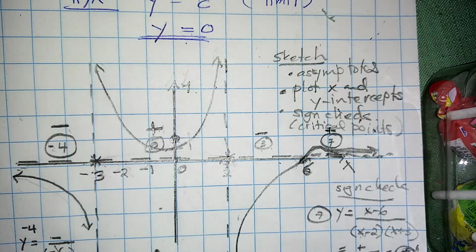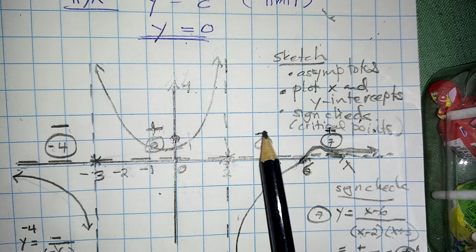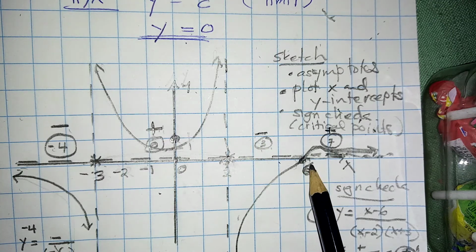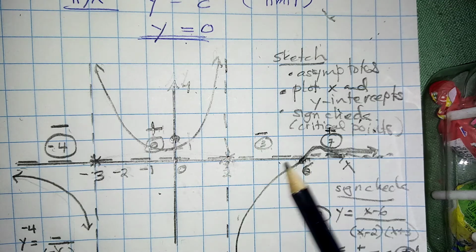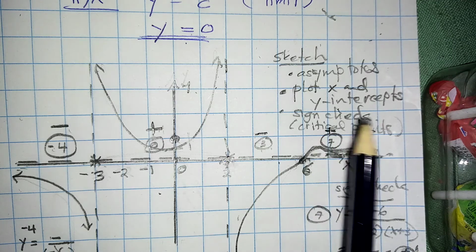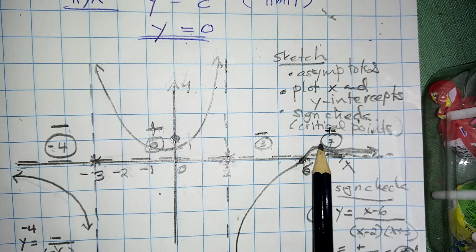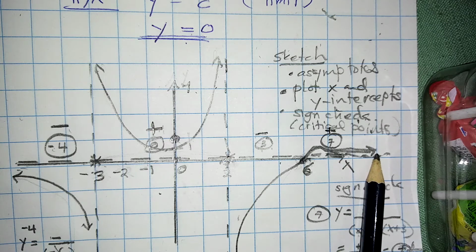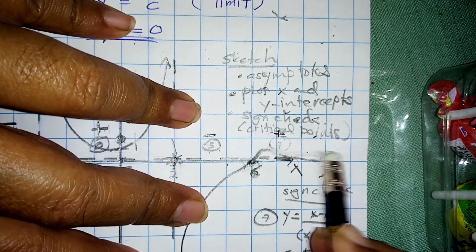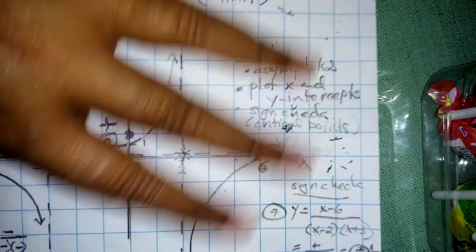From 2 to 6, our sign check says it's negative, so it starts from the x-intercept and follows the vertical asymptote. From 6 onwards, the sign check says it's positive. You go up, skew, and you follow the asymptote again. Let me just quickly write this down.